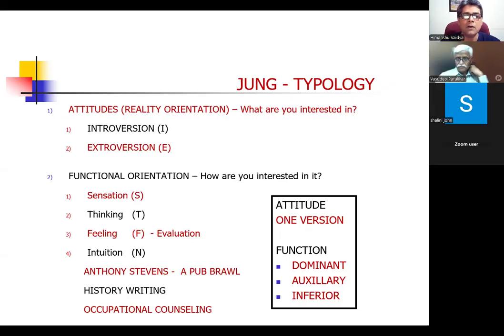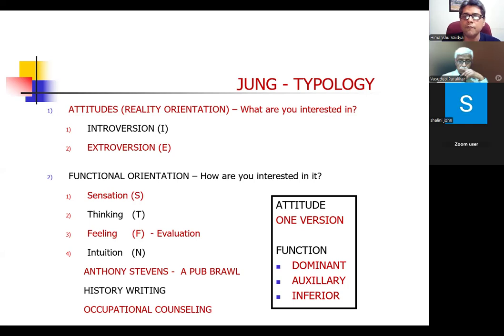And the second talks about how you use your faculties in responding to events. So this is almost like the schema of responding to events, an epistemological schema of responding to events. And Jung uses four elements there: sensation, thinking, feeling, and intuition.